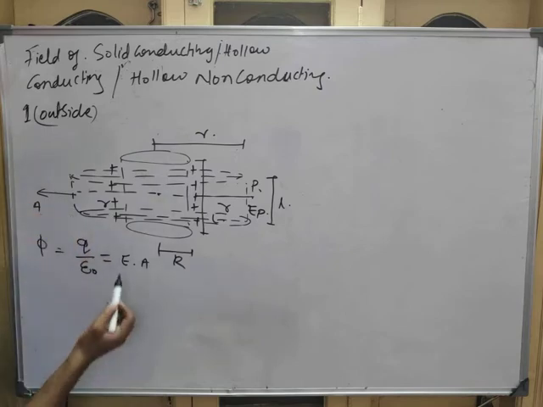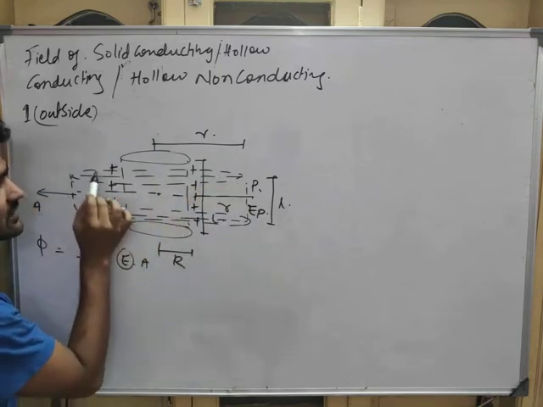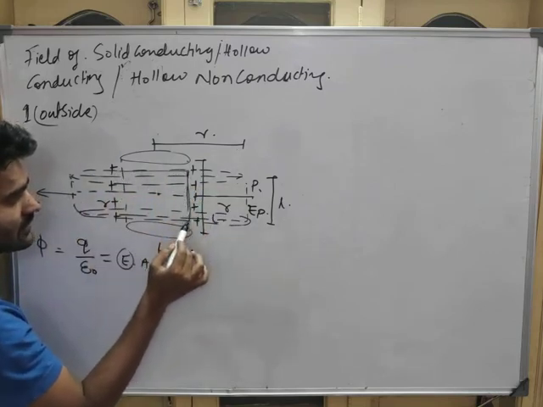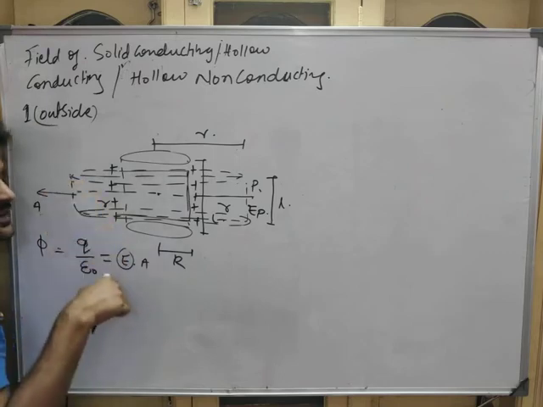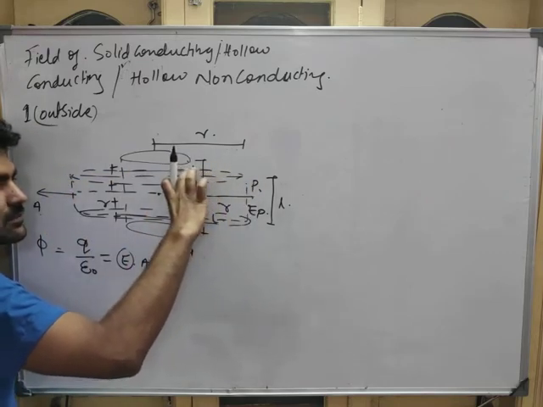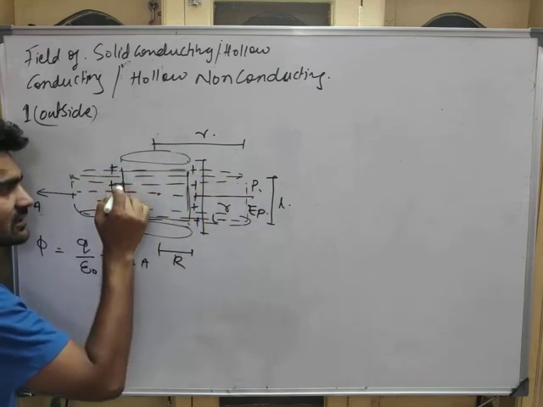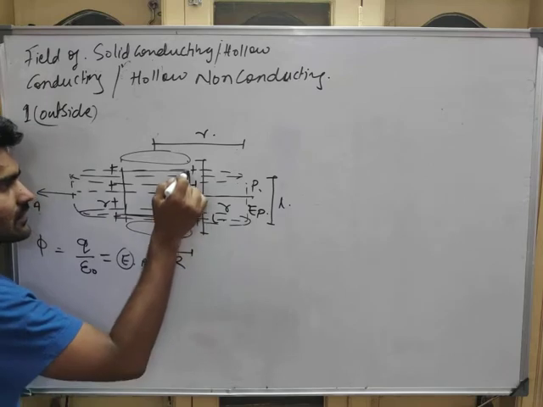Now we are not considering the whole cylinder. We are considering only this part of the cylinder, because we have made the imaginary cylinder up to this height only. That's why we will take only the charge inside this, right?